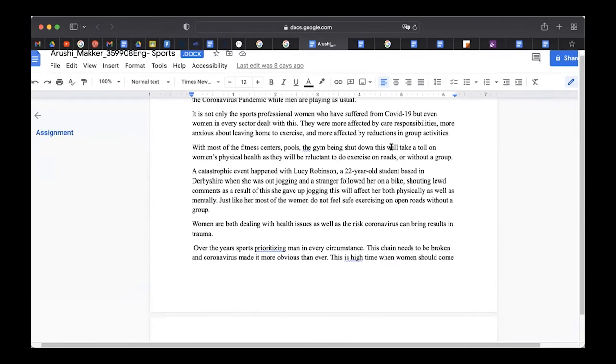They were more affected by care responsibilities. What is care responsibility? More anxious about leaving home to exercise, and more affected by reduction in group activities. I don't really understand what care responsibilities really means.